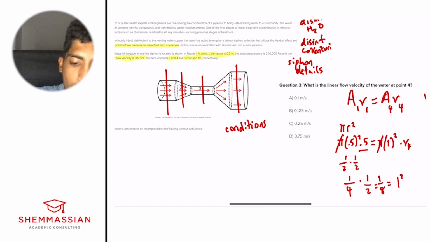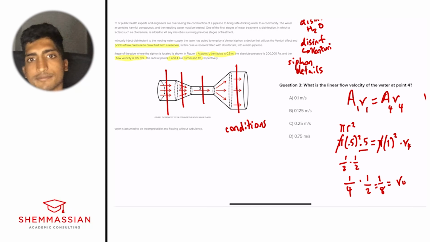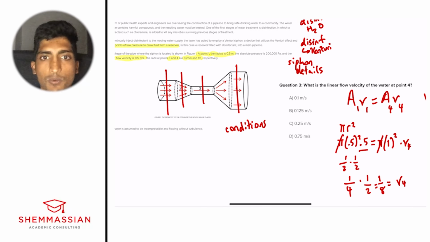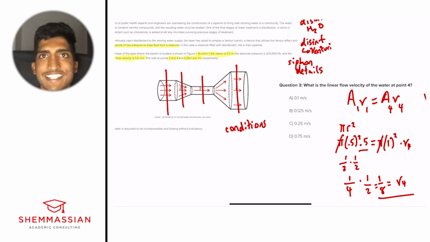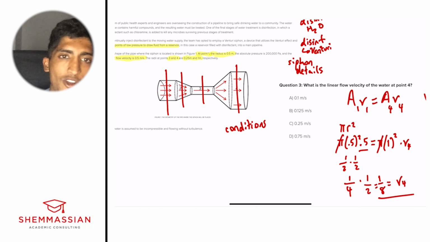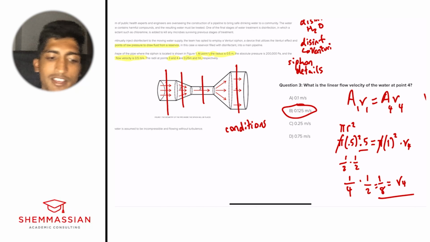So we can get rid of 1 squared. And that's just equal to V4. Okay, perfect. We're at a point where we've solved the equation. Now the basic idea is to understand what is 1/8. If you can understand that 1/4 is 0.25, right? You're just halving 1/4. So what is 0.25 divided by 2? It's 0.125, right? And so right away, we solve that.